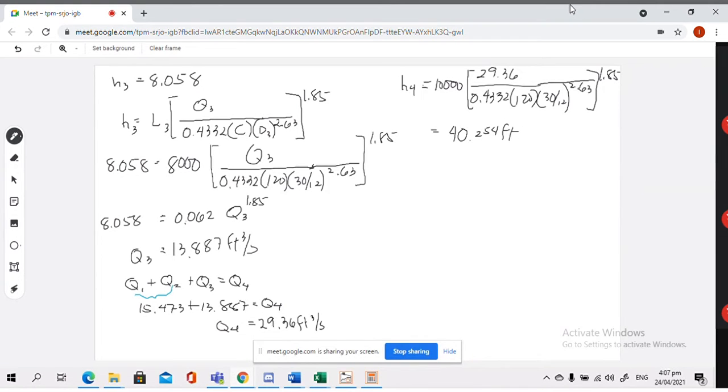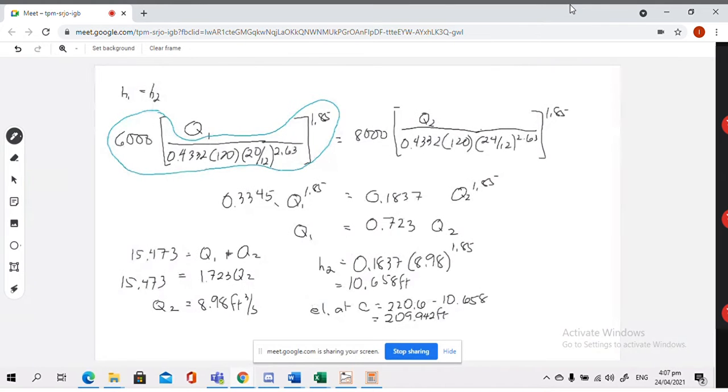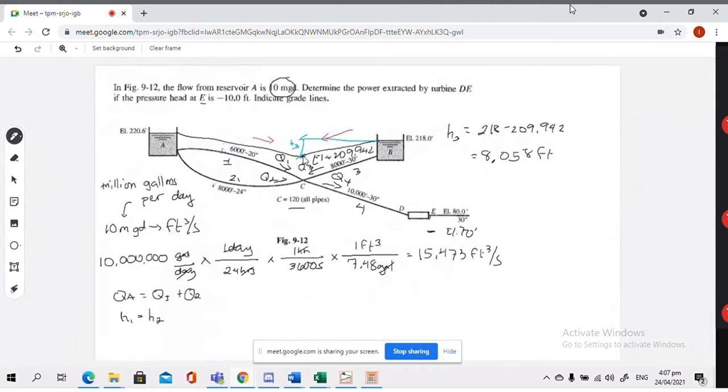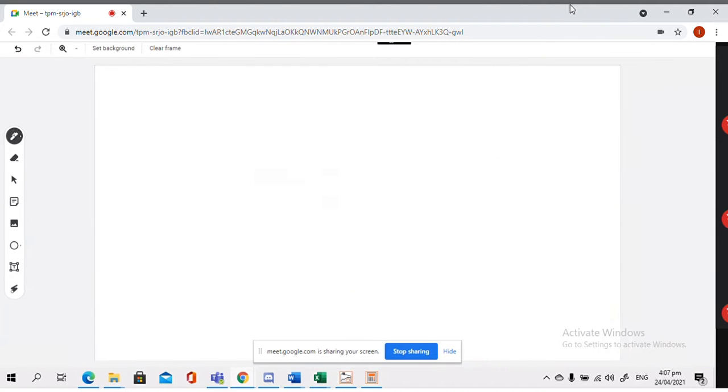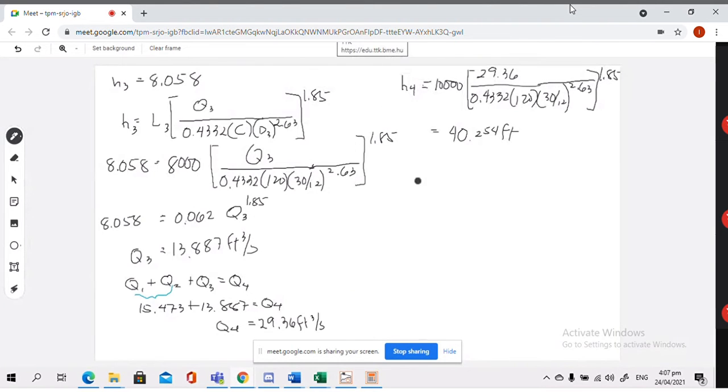So what is head loss 4? Head loss 4 is from this point. Basically, the junction is important. So the elevation at C is 209.942.